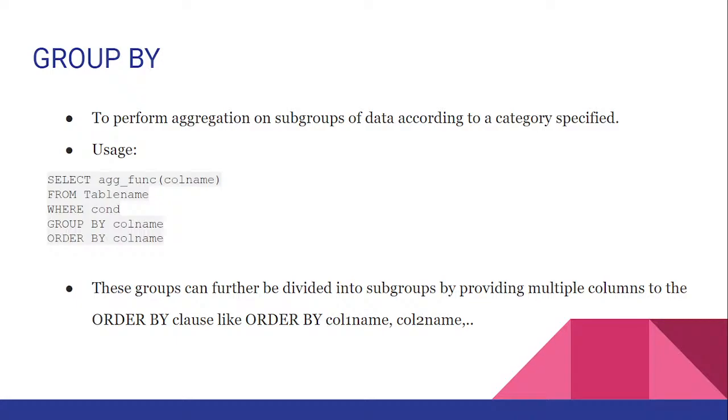Then all of the rows which have the value February under the column month name would be grouped together. So according to some category specified, and that category is the value of that column, which is month in our current example, we perform aggregation and aggregate the rows together into certain subgroups.